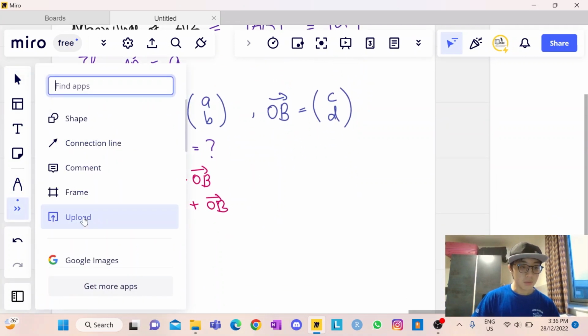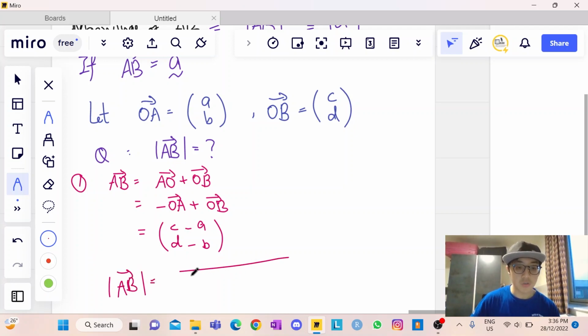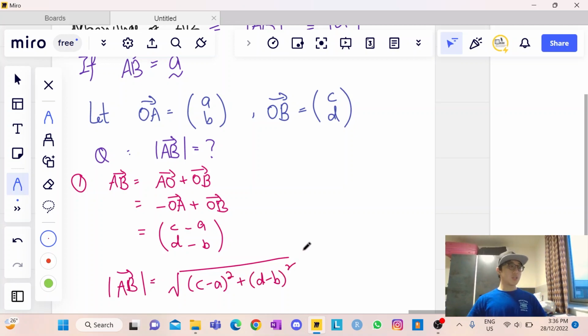This will be equal to (c, d) minus (a, b), and the length, which is the magnitude, will be the square root of (c minus a) squared plus (d minus b) squared. It's literally the same as the coordinates that you've seen in the last few videos.